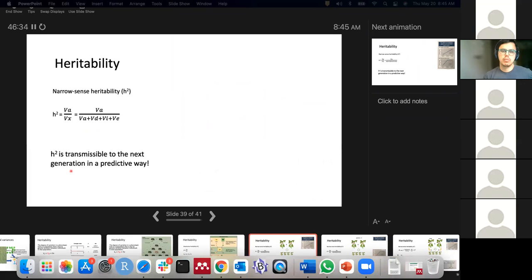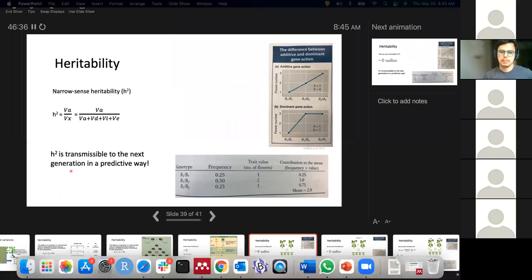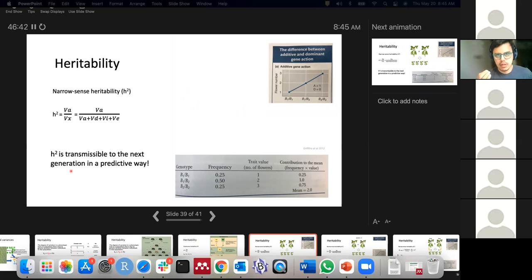We are interested in producing genetic variation. And narrow sense heritability takes into account the additive effect of the alleles. What I want to explain is that a diploid individual has two alleles.